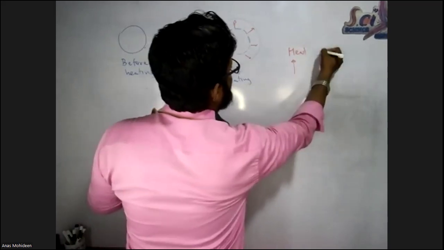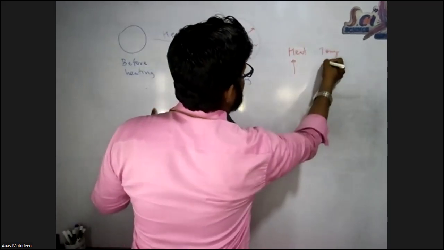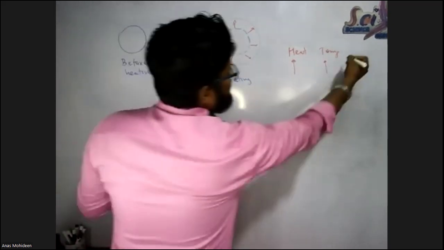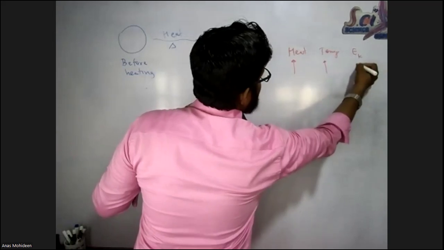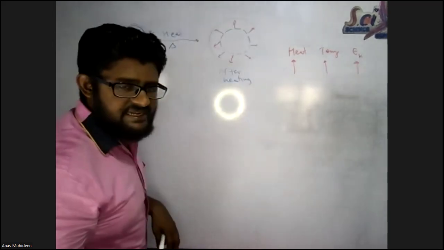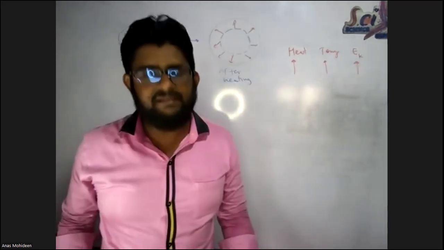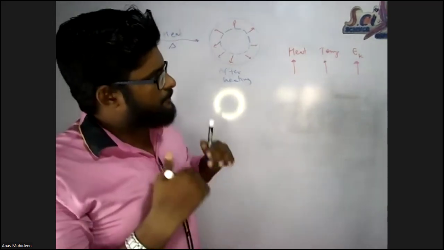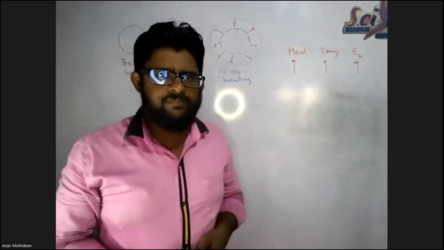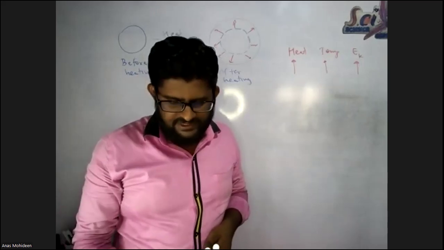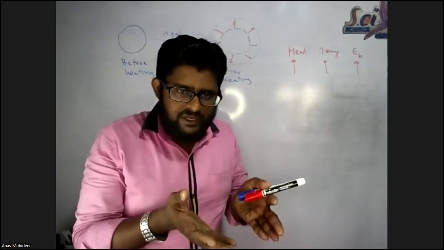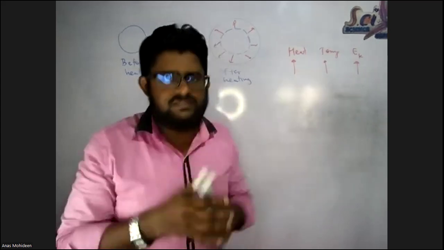When you increase the heat, it gives energy to increase the temperature. When the temperature is increasing, kinetic energy increases. That means the random motion of the particles increases. When we provide heat continuously, the temperature keeps increasing and the particles move faster.